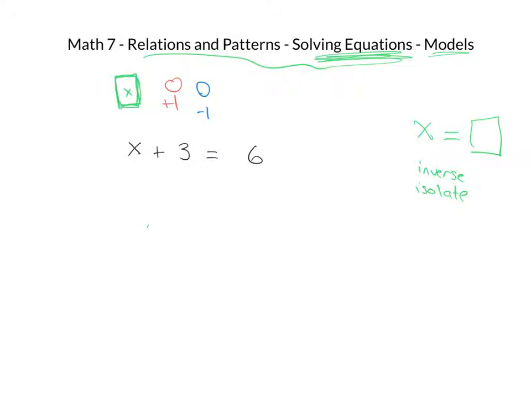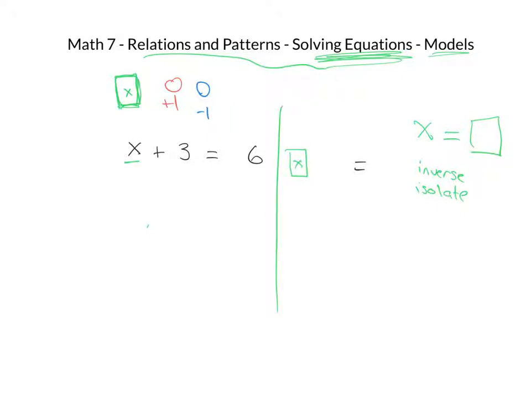So let's start by drawing this first equation. I'm going to draw the left side of the equal sign. Maybe before we get going, let me put an equal sign up here. On the left side of the equal sign, you can see I've got an x, so I need to draw an x.